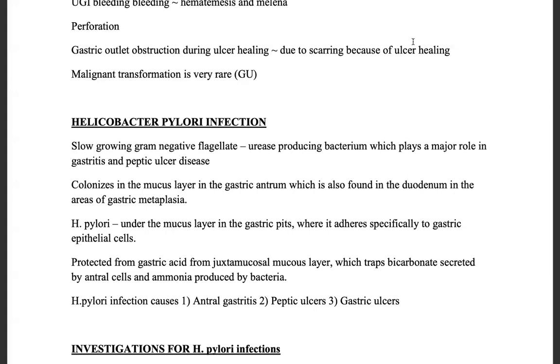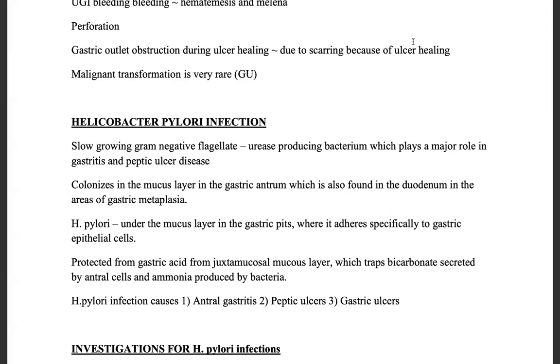Okay. So these byproducts themselves can cause damage to the gastric lining. And it can trigger certain inflammatory and immune responses as well.